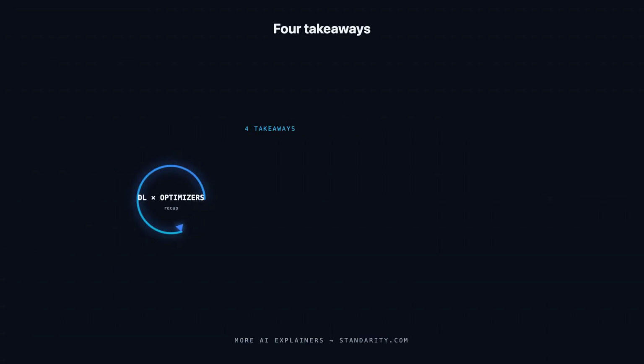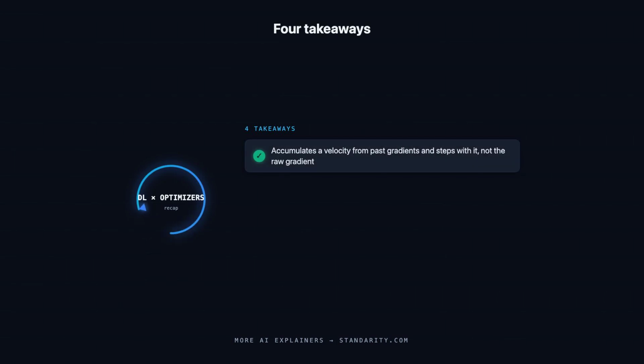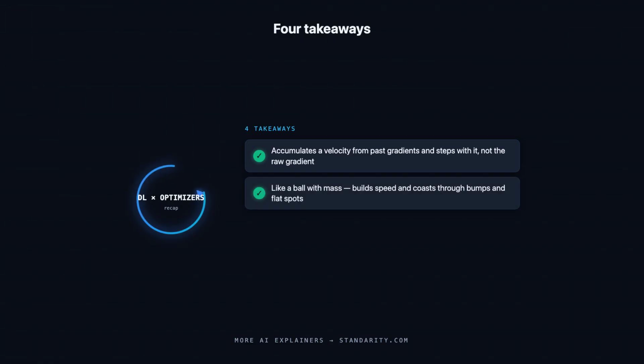All right, let's lock in the essentials. Momentum accelerates gradient descent by accumulating a velocity from past gradients and stepping with that velocity instead of the current gradient alone. Picture a ball with mass rolling downhill. It builds speed in consistent directions and coasts through small bumps and flat regions that would stall plain descent.